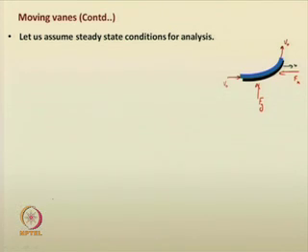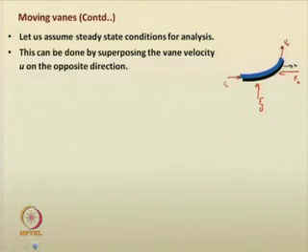Okay. So, if that is the case, we can use the same approach. We can assume the steady state condition if we consider the vane velocity and the actual velocity of liquid superimposed.